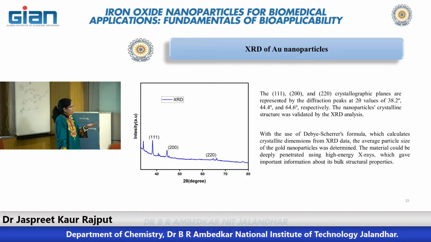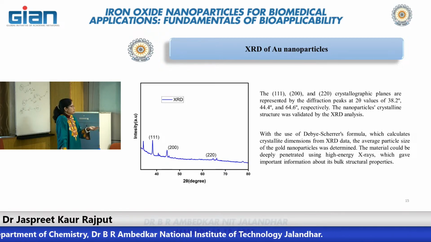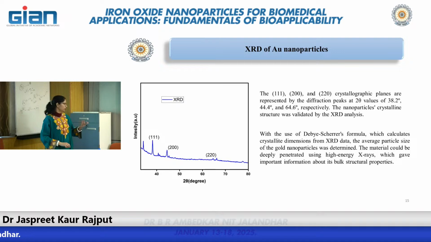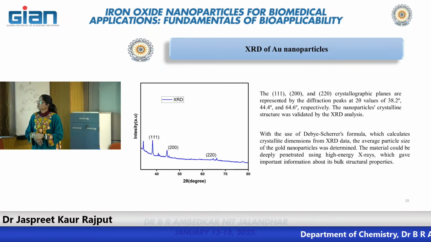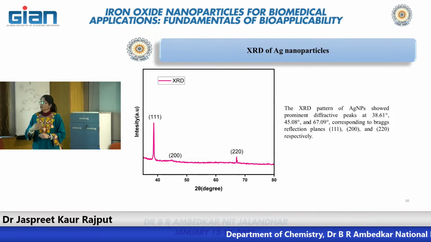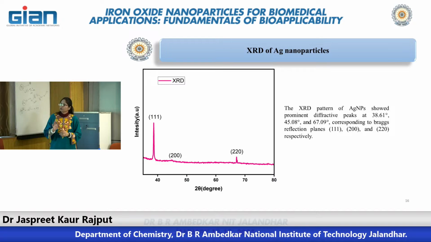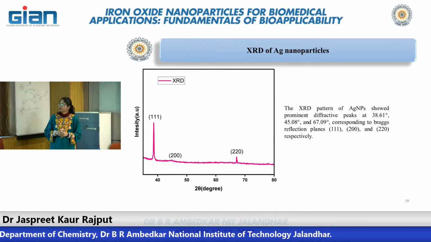So when we compare, we find that these peaks belong particularly to gold or silver or iron, whatever the metal is, we can easily compare it with the reported data, right? Next, this one is for the silver. You can see we have a prominent peak again at 111, 200 and 220.